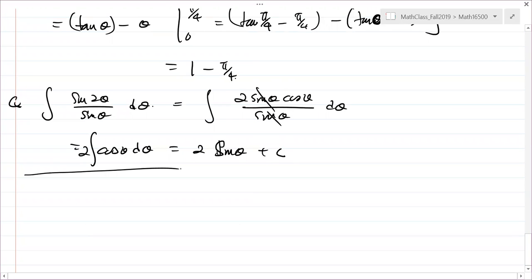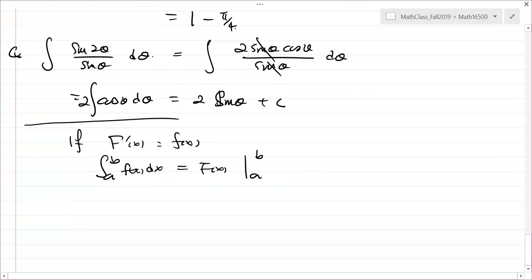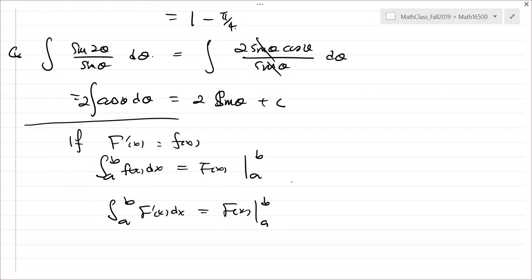So let's go back to the fundamental theorem of calculus. If F prime of x equals f of x, then the integral of this function is capital F of x. We can also express it in this form: the integral of f of x dx from a to b is the difference of the antiderivative between the points.